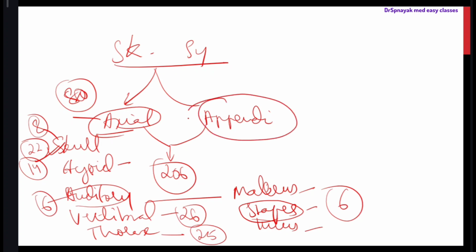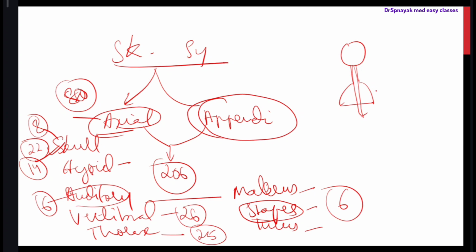Now in today's class, we'll try to learn about the bones of the appendicular skeletal system. Appendicular means all the bones other than the skull, neck bones, ribs, and vertebral column.